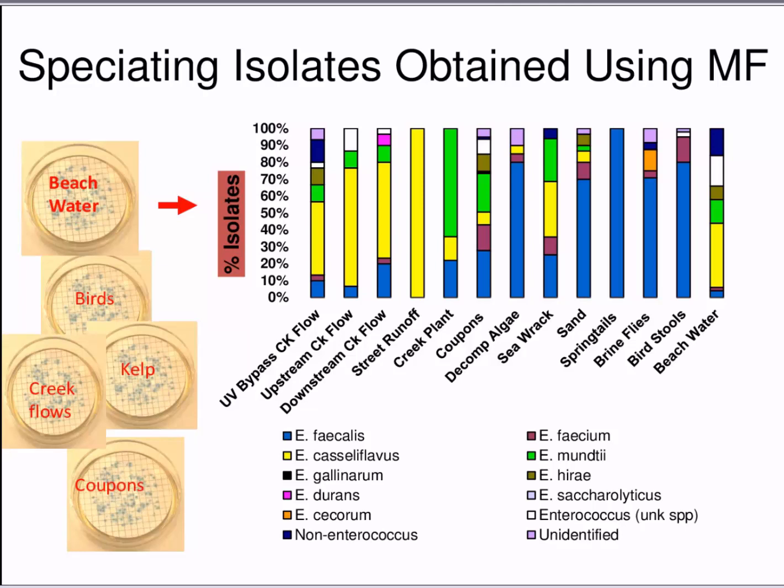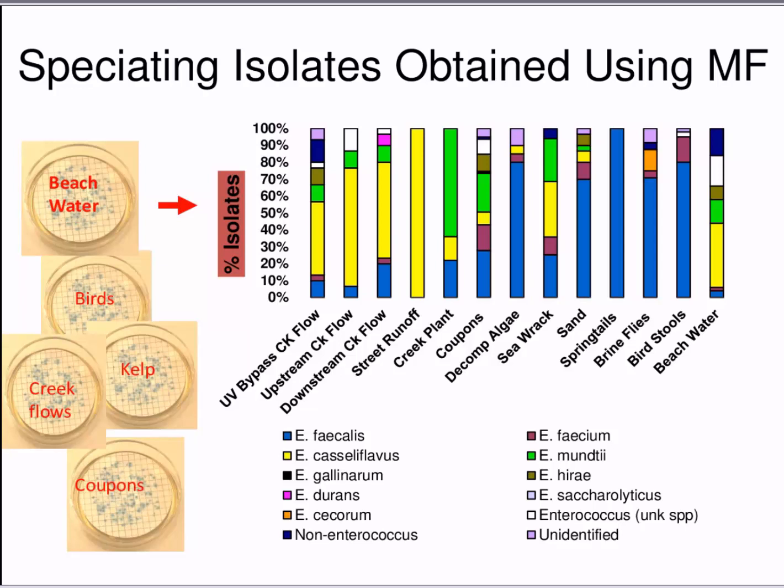And that word isolates is important because the way technology is advancing, and you may have heard of whole genome sequencing, the isolates can be used for whole genome sequencing and DNA typing. So that's what we mean by isolates: the individual colonies.